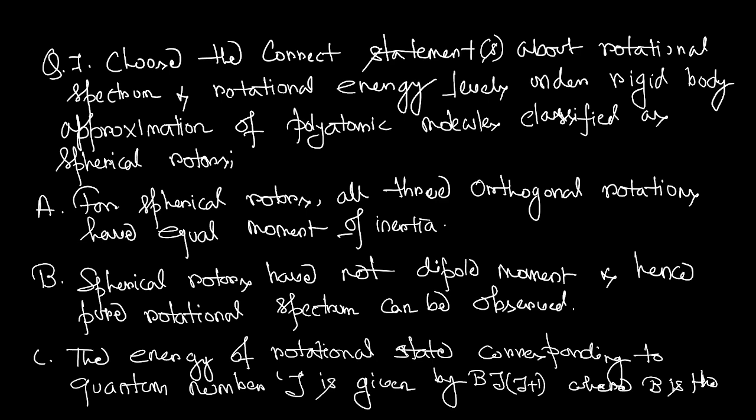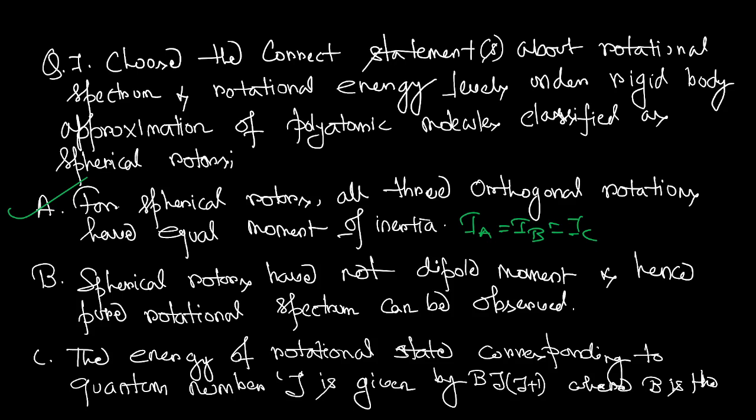For a spherical rotor, we know all the three moments of inertia are equal, Ia equal to Ib. This is correct. Now, the spherical rotor molecule has a net dipole moment, and hence pure rotational spectra can be observed.